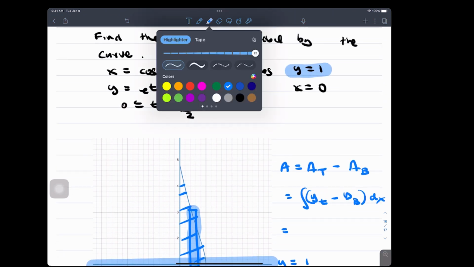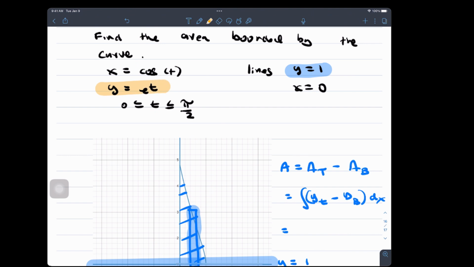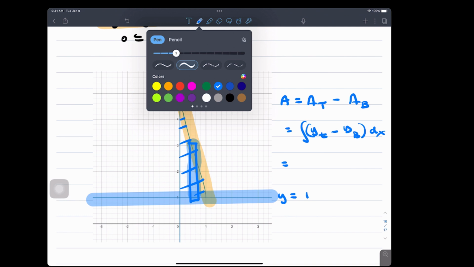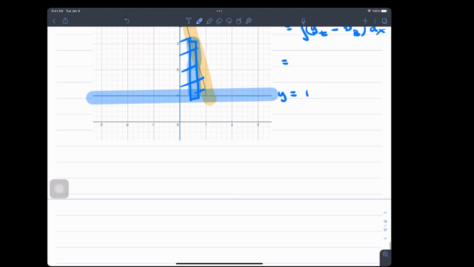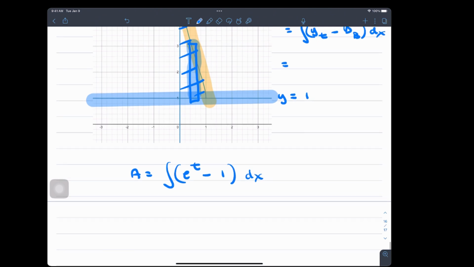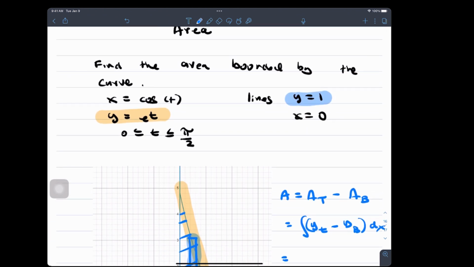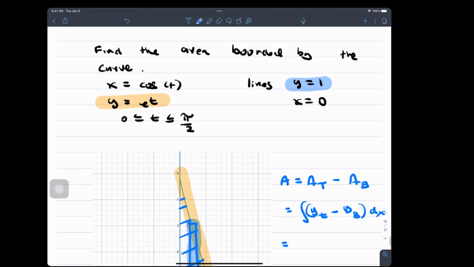The y on the top curve is right here, this is the orange. Does that look okay to you? So my area is going to be e to the t minus 1, dx. So far, so good? So there are the y's, what you're seeing in orange and blue.